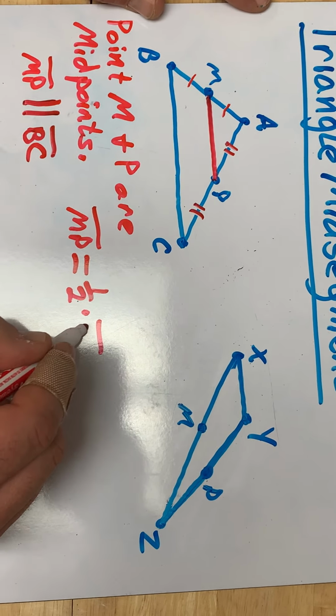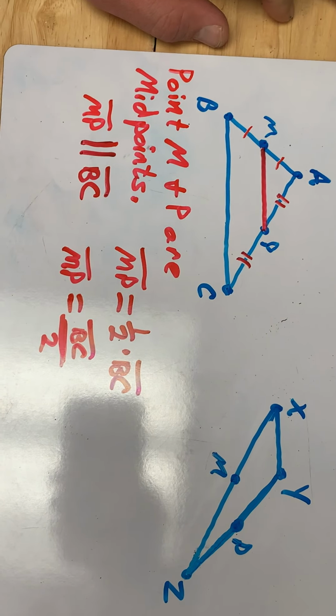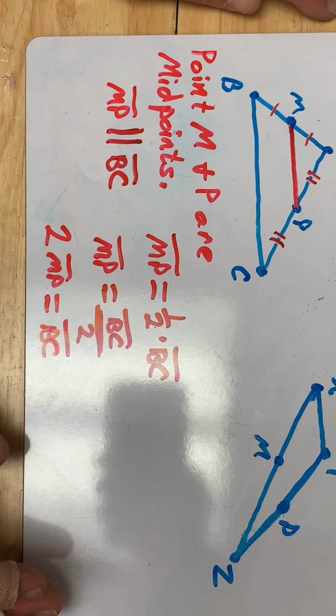Or you could write it like this. MP is equal to BC divided by 2. Okay? Or you could say 2 times MP is equal to line segment BC, right? It all just means that BC is twice as long as MP.